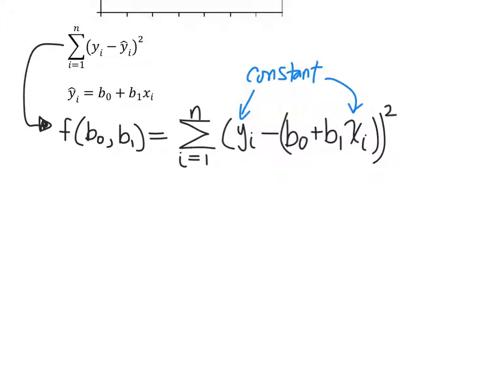All right, so what I want are partials. I'm going to need a partial with respect to B0 and a partial with respect to B1. But before I do that, I do want to clean this up a smidge. I don't want to distribute the binomial to the second power, but I do want to just run through with that negative.